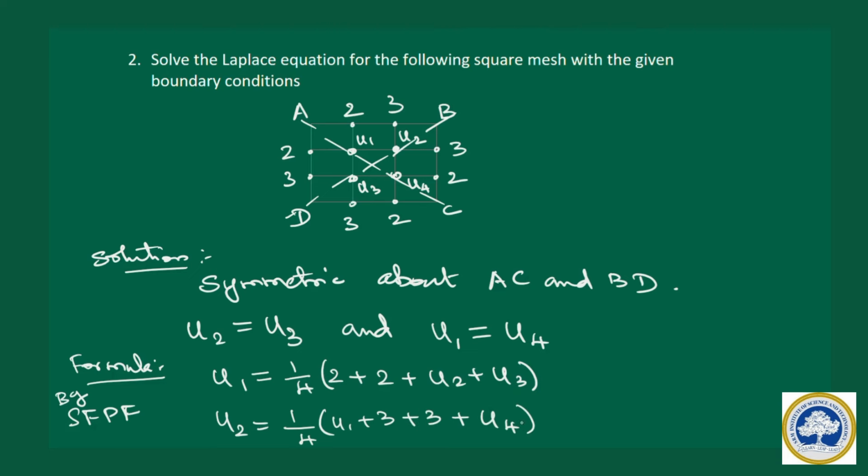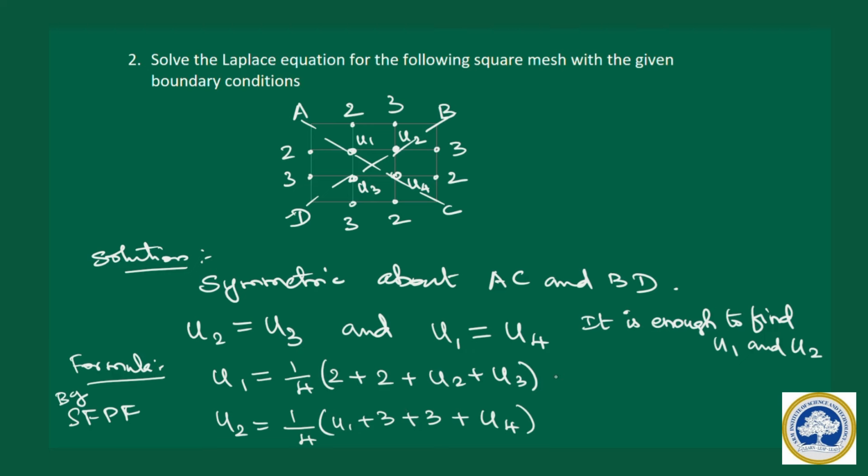Here we don't need to write for U3 and U4 because U3 and U4 are already equivalent to U1 and U2. So it is enough to find U1 and U2. We have written the formula for U1 and U2 alone.